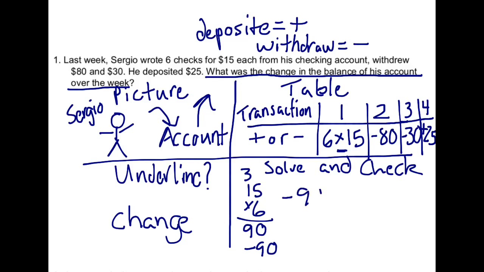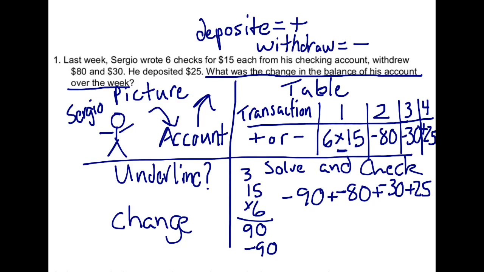So I'm going to put negative 90 plus negative 80, plus negative 30, and then plus 25. So I've got 3 negatives.